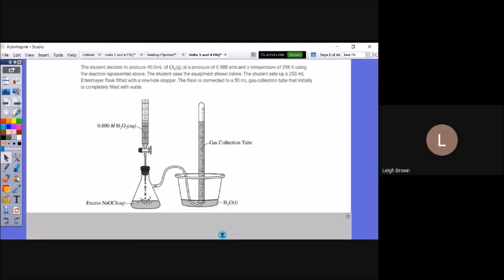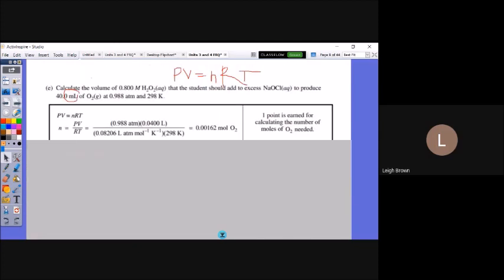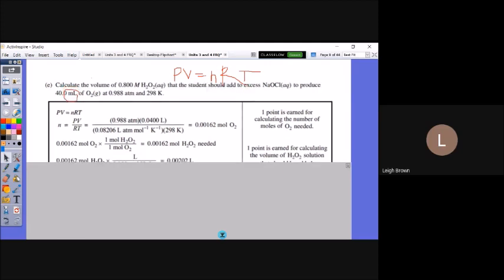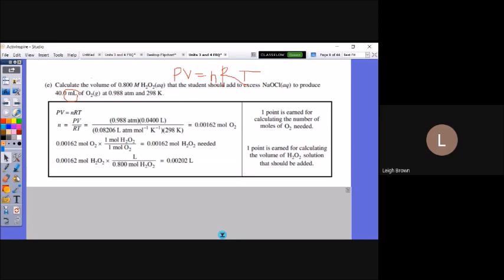So do I need to show that? As we saw earlier, yes. So I'm going to take my moles of oxygen, convert those to moles of hydrogen peroxide, and then plug into my molarity relationship. Now, people set this up differently, and students, you do what makes sense to you.